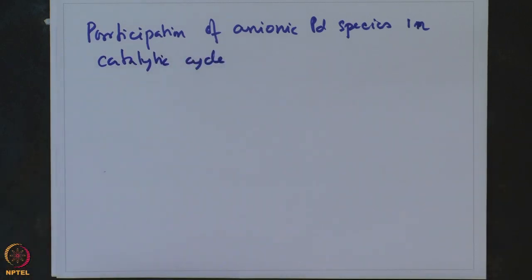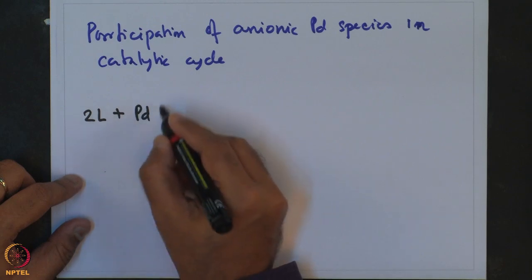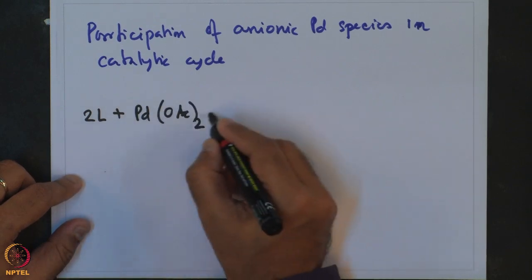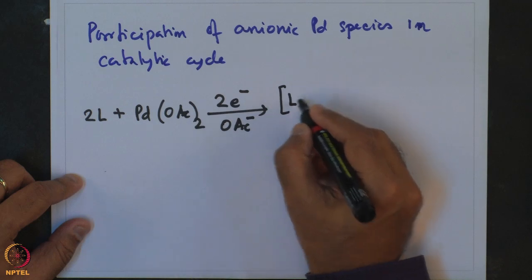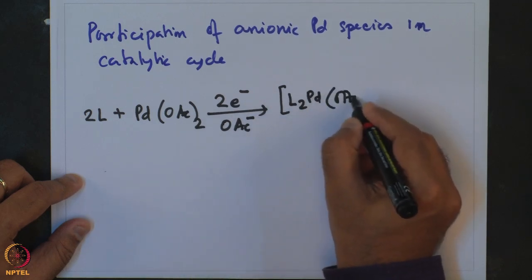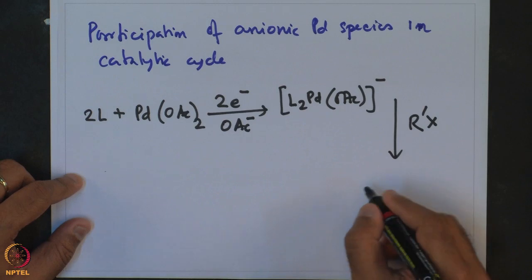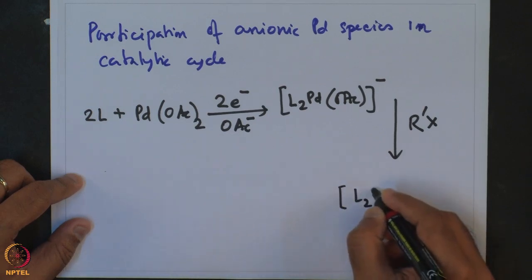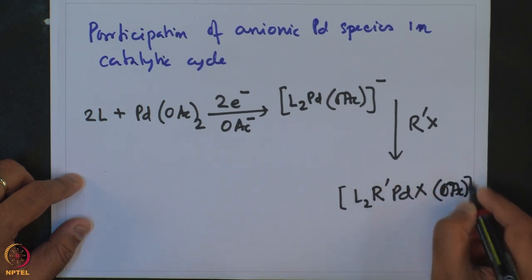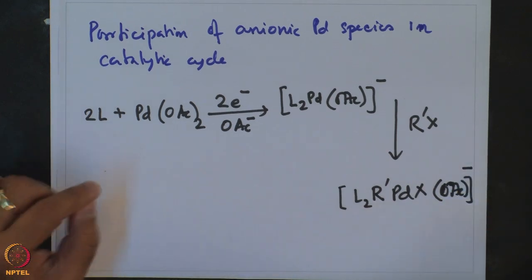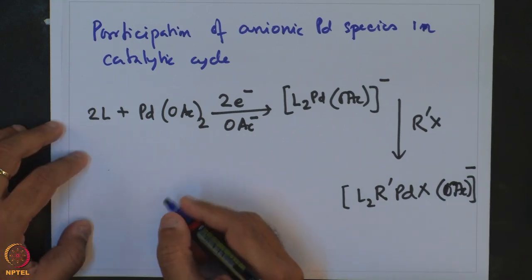And this is illustrated by the following example: 2 L plus Pd(OAc)2 in presence of 2 electrons and OAc minus gives this L2Pd(OAc) minus, which then reacts with R dash X to give the oxidative addition product R dash Pd X OAc minus, and this emphasizes the influence of anions in the rate of oxidative addition in catalytic cycle.